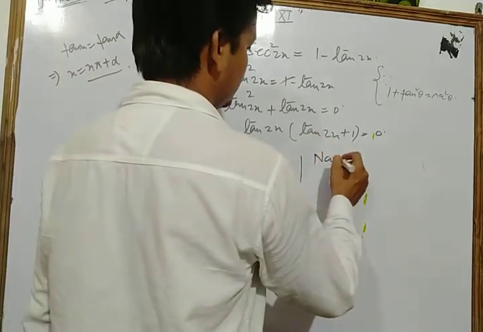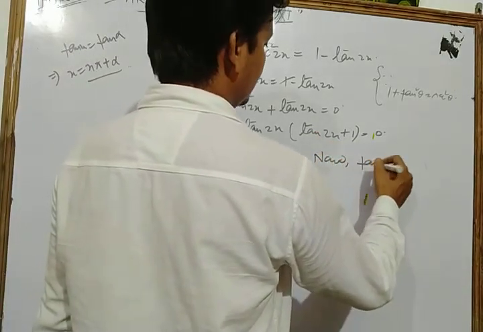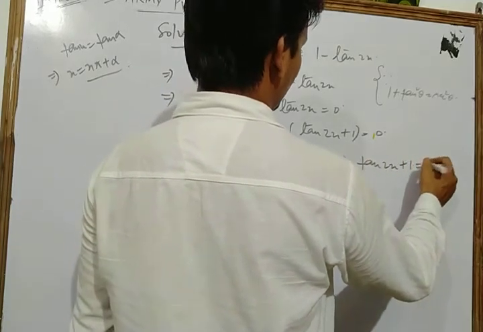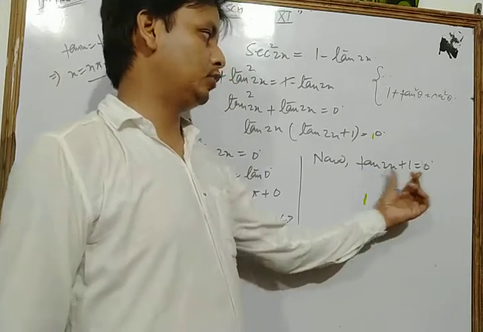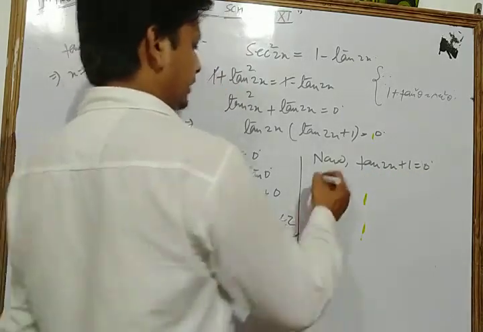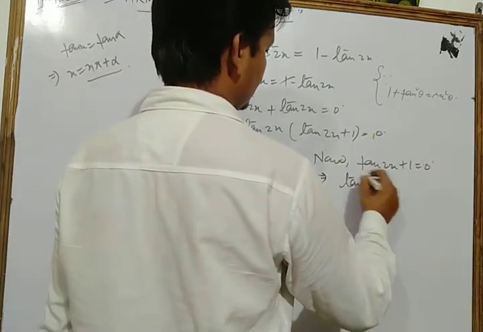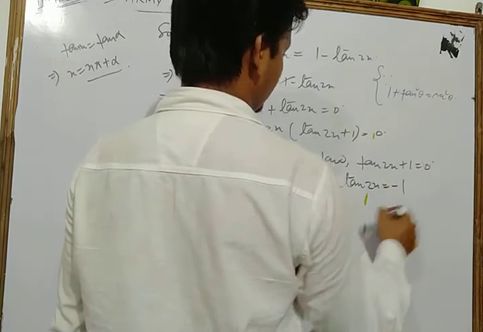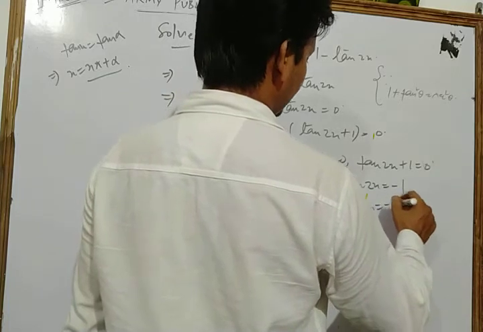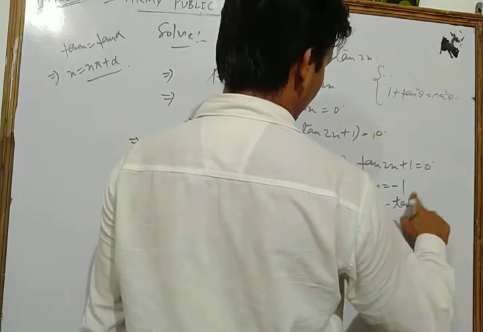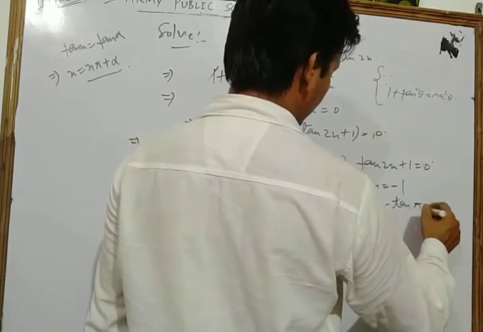Now if we take tan 2x plus 1 is equal to 0, then we get tan 2x is equal to minus 1, that is tan 2x is equal to minus tan 45, which is pi by 4.